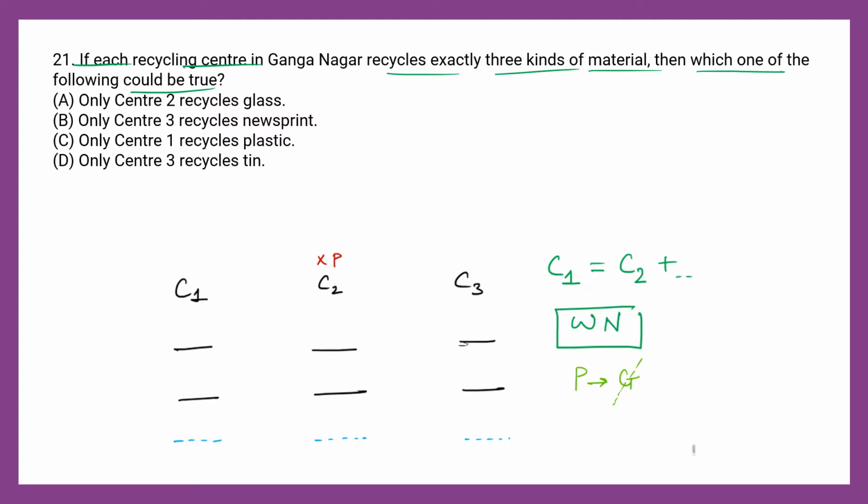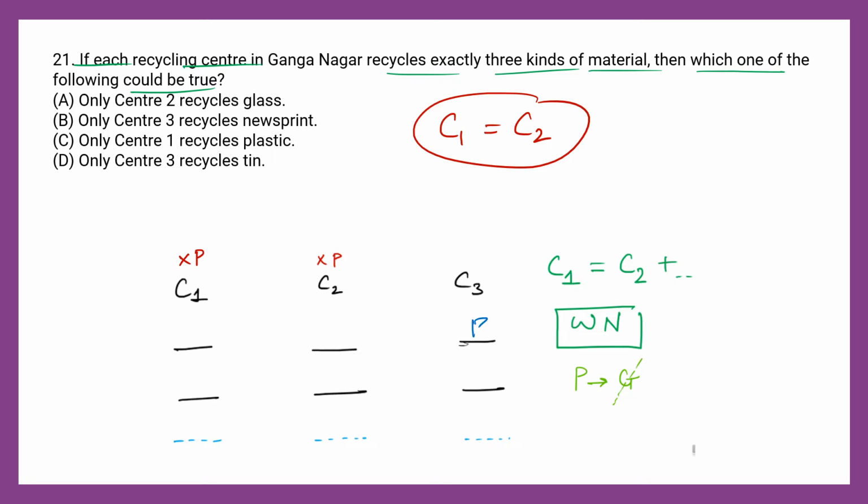Look, we just saw in the previous question that if C2 is recycling all three, it means that C1 is equal to C2, which means that C1 also does not have P. That means that C3 is the one that has P. So let me put P in here.